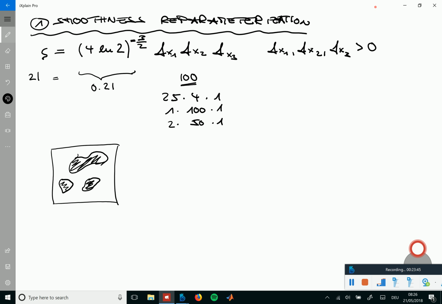So you could now go and evaluate our little formula on this random field which is defined. I think that's roughly it.